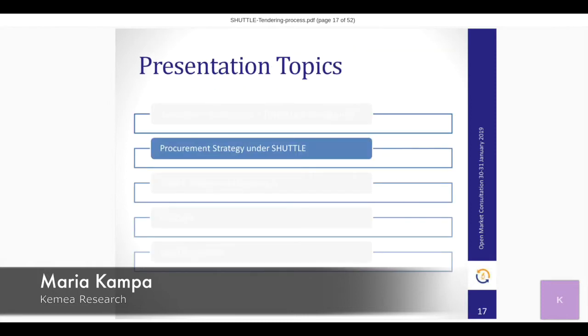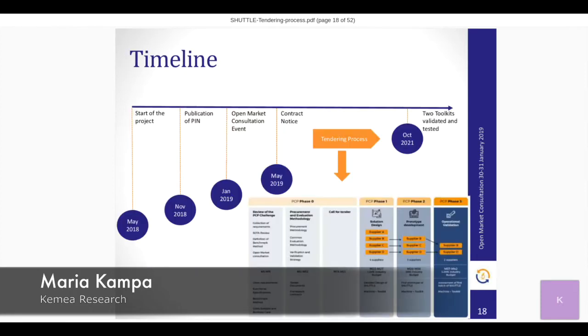Moving on to the second topic of the presentation regarding the procurement strategy of SHUTTLE project. Let's start with the indicative timeline for the tendering process. First of all, the project started in May 2018. The publication of the prior information notice was in November 2018.